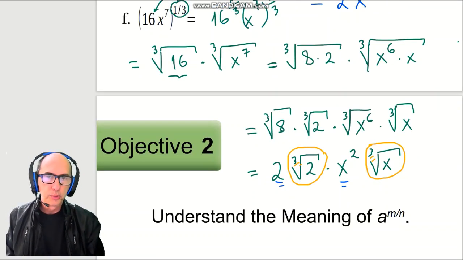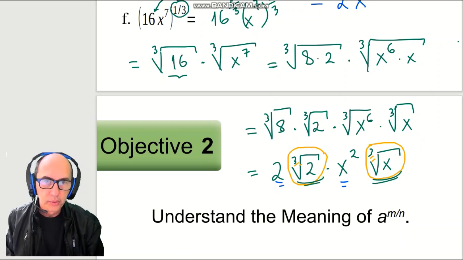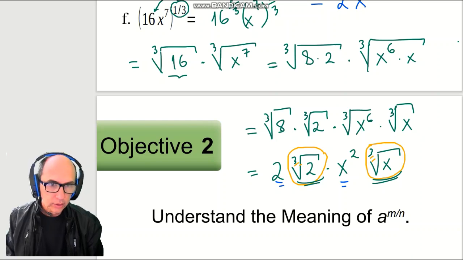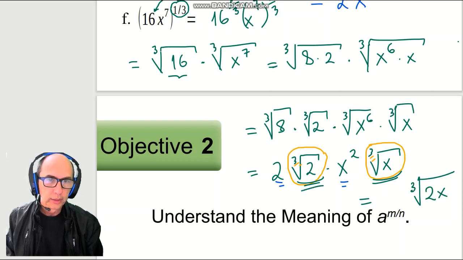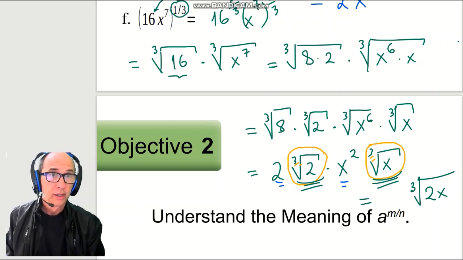We can use product of radicals here, this property that you can put together if the radicals have the same index. So let's write down here cube root of 2x, right? You can put together under the same root.